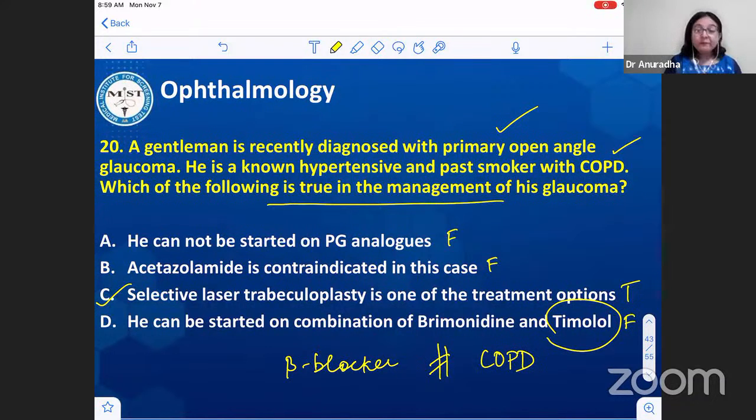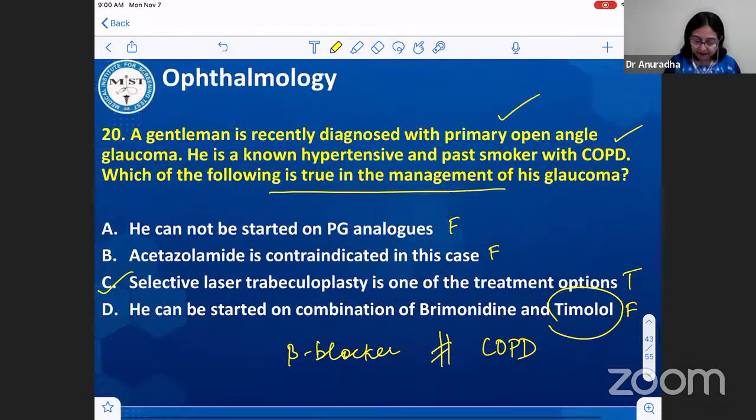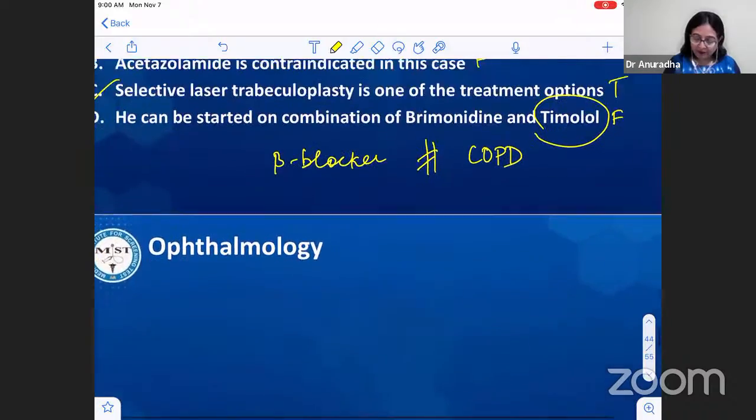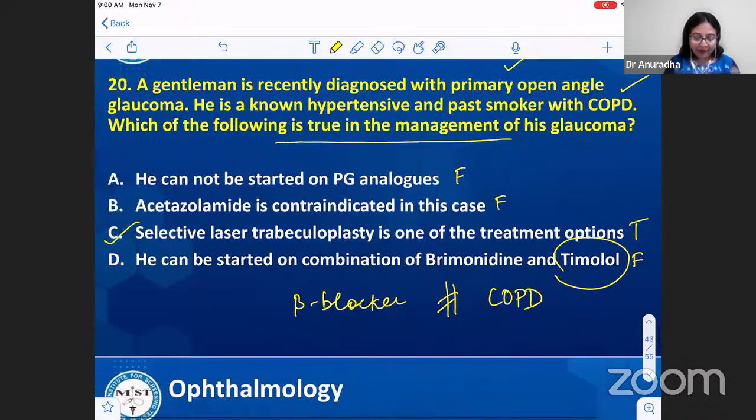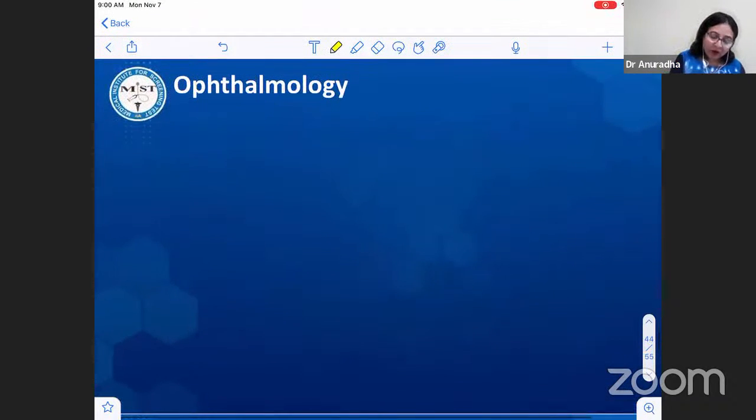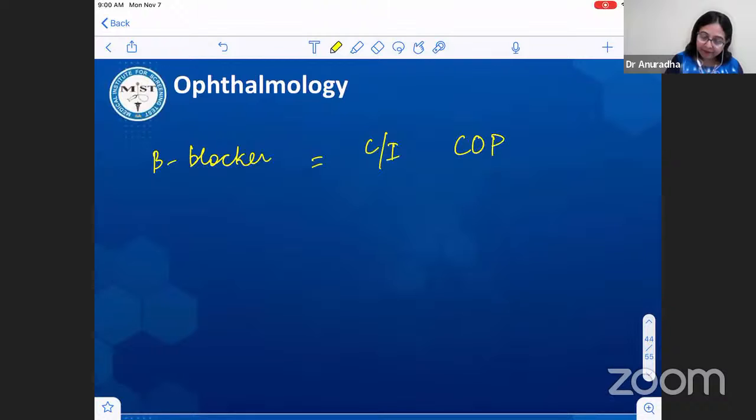Please remember the side effects and contraindications of the anti-glaucoma drugs. Are you clear, beta, why I have marked choice C? Especially the side effects, the beta blockers have a lot of systemic side effects. They are contraindicated in COPD, in asthma, and in heart blocks.